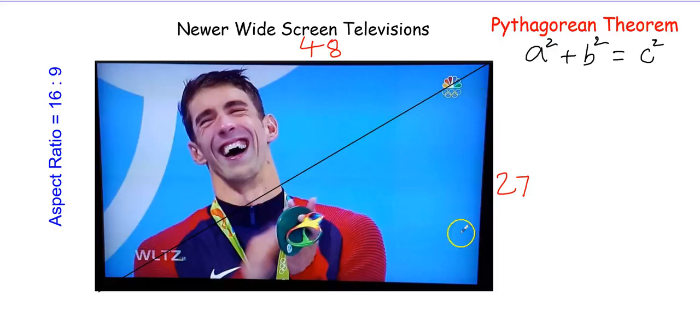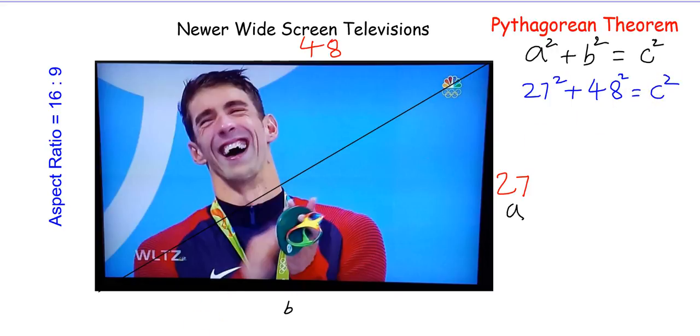So we have a right triangle here. In this right triangle, suppose I take this 27 as a, then 48 will be b. The bottom length is also 48. So I will write here a squared, that is 27 squared, plus b squared, which is 48 squared, equal to c squared.